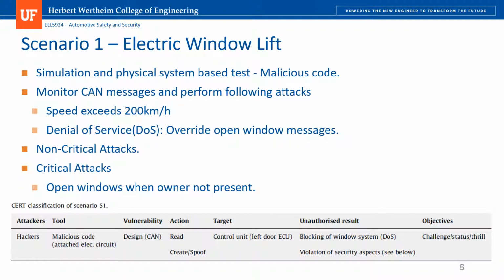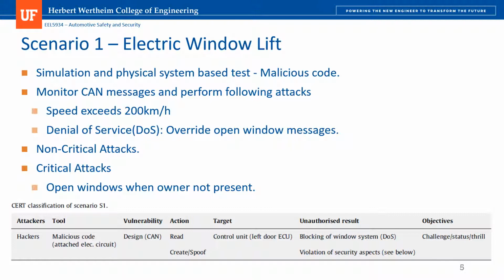The first attack that they performed was anytime the vehicle exceeds 200 kilometers an hour, it sends window open commands to the control unit for the left door ECU, and this will open the window and keep it open when they're exceeding 200 kilometers an hour. And the second attack that they did was just a denial of service where they just flooded the system with open window commands.